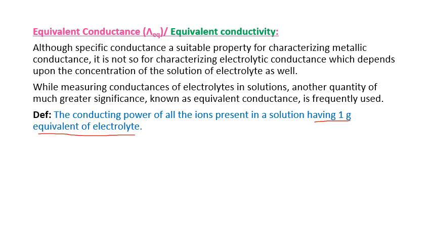I hope you know how to calculate gram equivalents. Number of moles equals weight of the substance by molecular weight, but number of gram equivalents equals weight of the substance by equivalent weight of the substance. We generally discuss gram equivalents in the case of normality solutions.